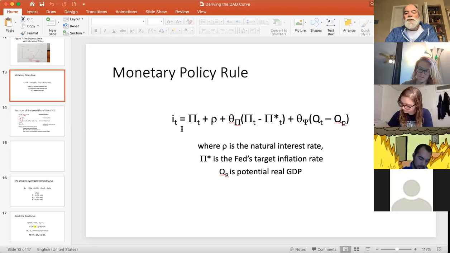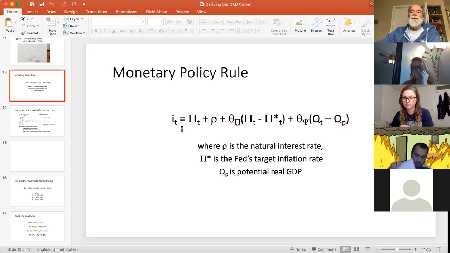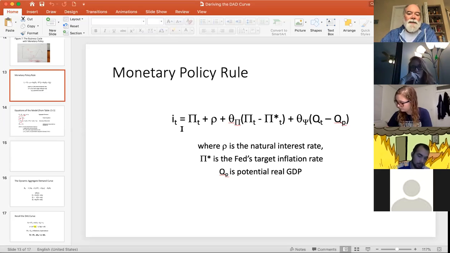Pi sub star is the target rate of inflation, plus some fraction of the difference between the actual GDP and potential GDP. So what we're going to do is take each of these parts and decompose it and figure out what this whole thing is saying. The two pi terms here are parameters, and they are fractions between 0 and 1.